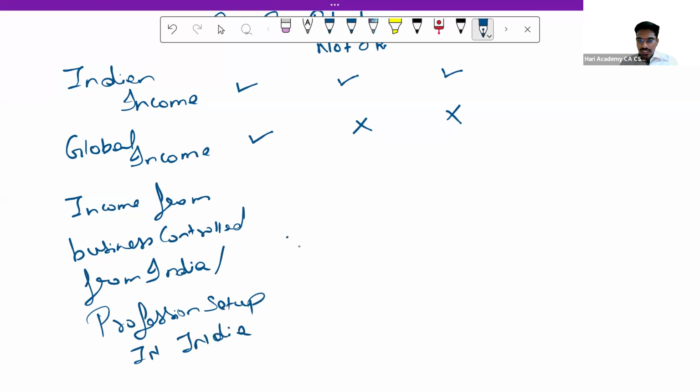This is taxable for resident and ordinary resident. It is also taxable for resident but not ordinary resident. It is not taxable for non-resident. So these are the three types of income, and this is the scope of total income.